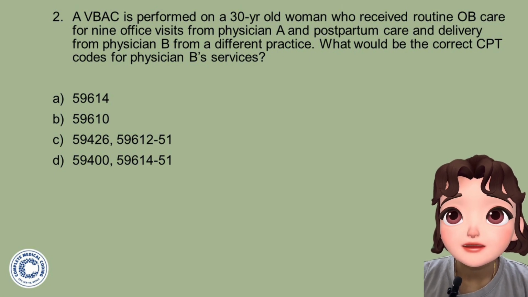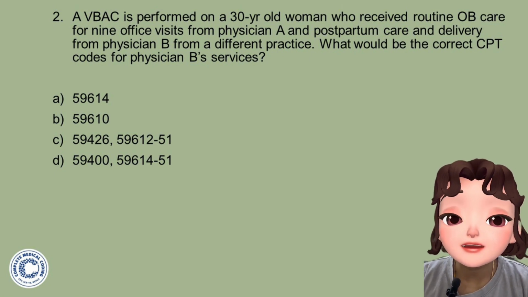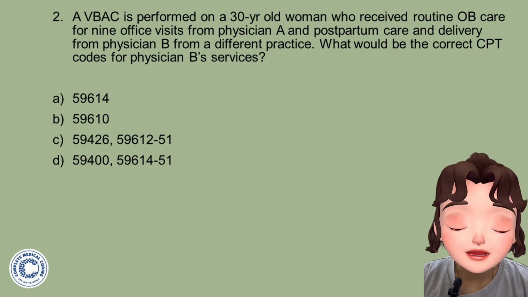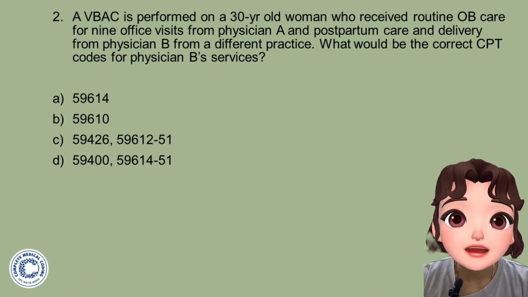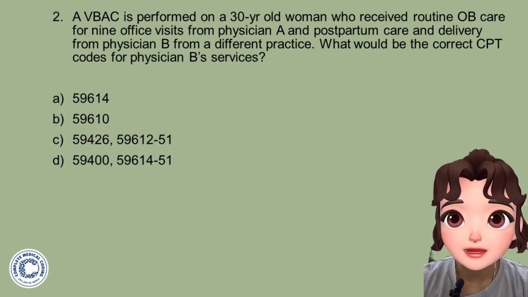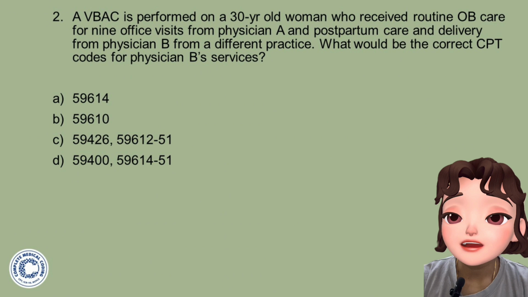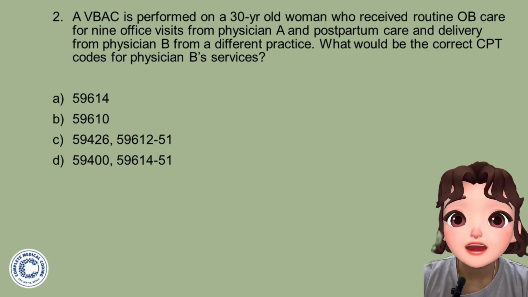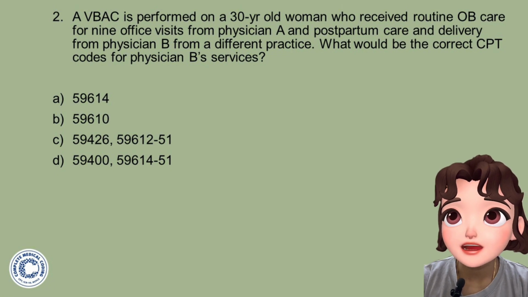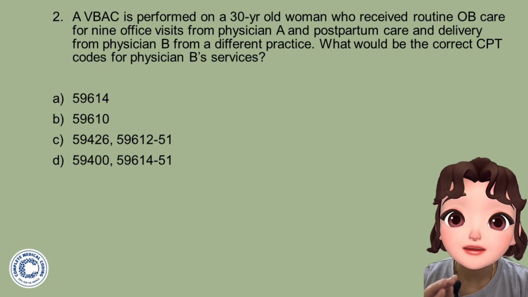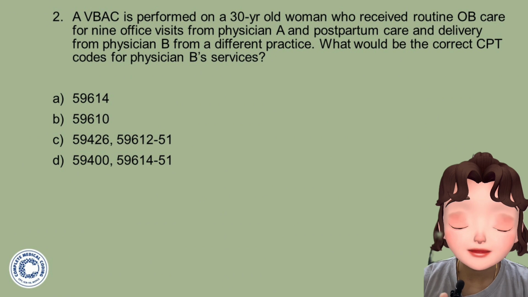So here the question looks so easy, but the answer will be a little confusing. If you go through all the CPT codes, the answer will be a little confusing. So you have to understand what exactly is mentioned in the question. Here there are two physicians, physician A and physician B. What does physician A do? Under physician A, this patient has received all the routine obstetric care up to 9 office visits.